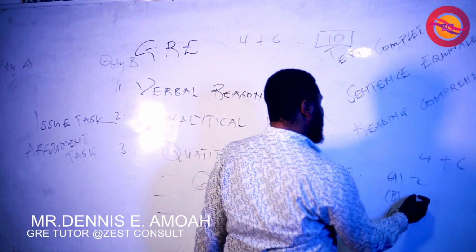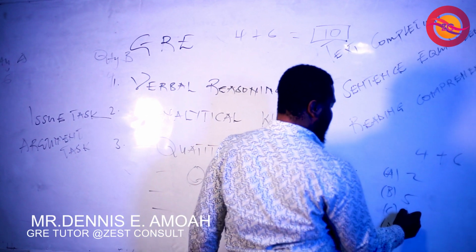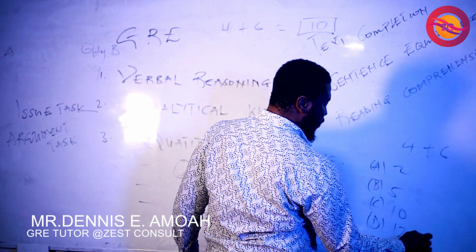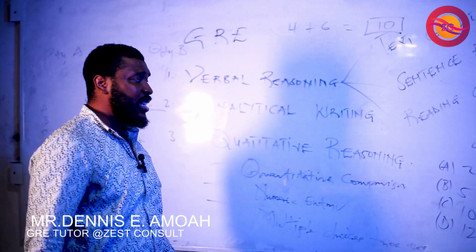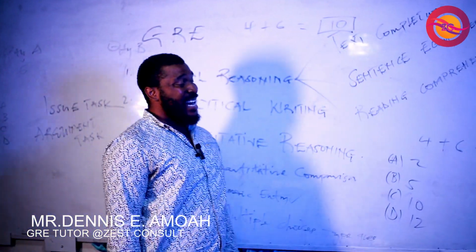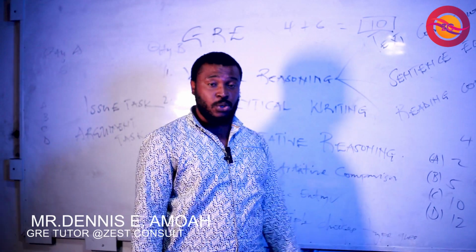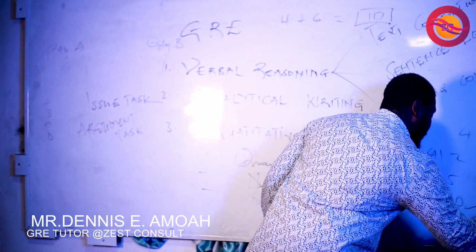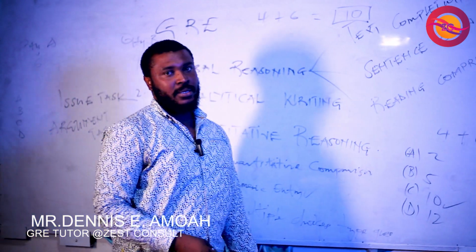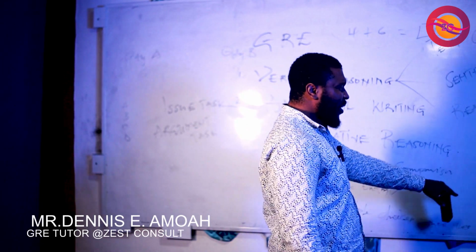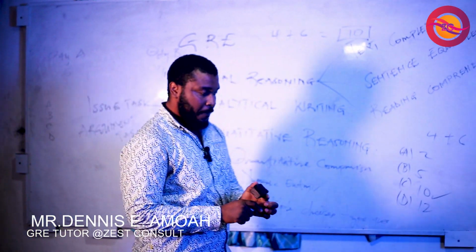Option B is 5, option C is 10, and the last option is, let's say, 12. Obviously, the question is given to you, and you have to select an answer from these options. Clearly, we know that the answer is 10, so you select option C, which is 10, as your answer. That is it for the multiple choice type of question, right?